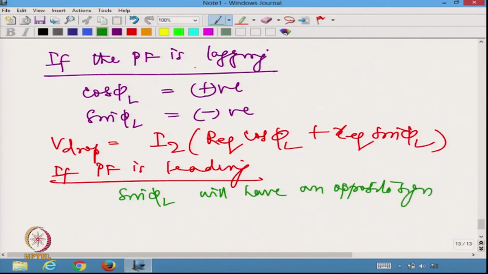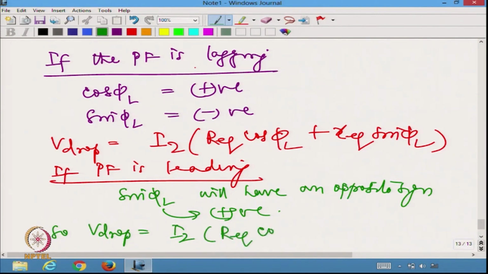So, V drop will be I2 times R equivalent cos phi L minus X equivalent sin phi L.